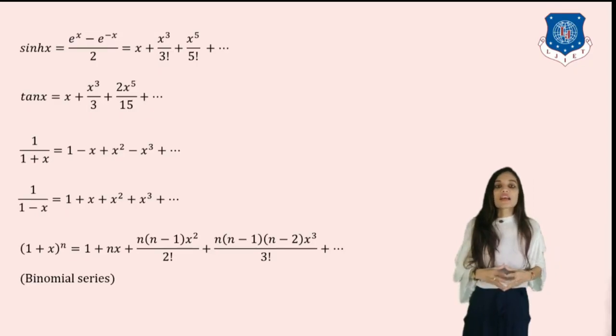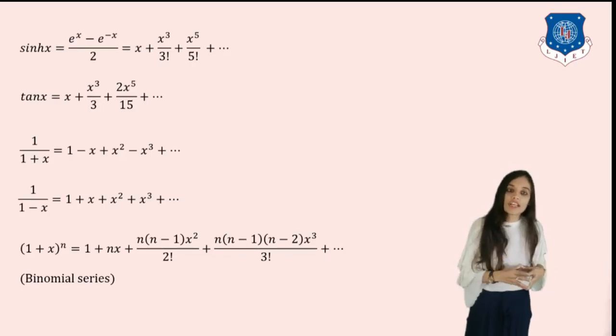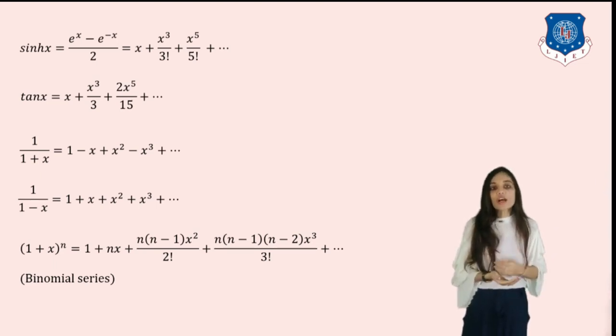All these series can be found using our Maclaurin series formula, f of x is equal to f of 0 plus x upon 1 factorial f dash of 0 plus and so on. You just have to find the derivatives of the function, put the value of x as 0 and you will get the required series.